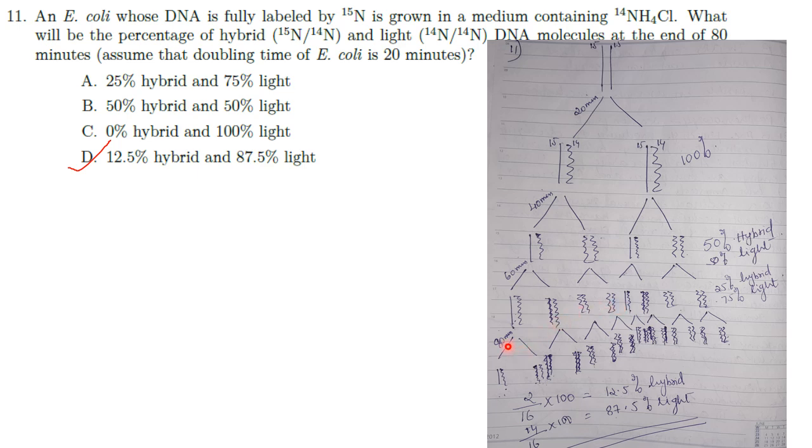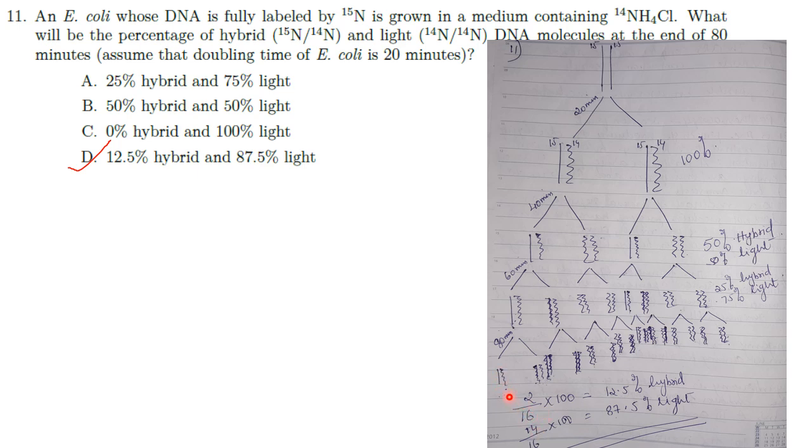strands, DNA. And after 80 minutes you will get two hybrid bands, one is over here and the other is over here. My drawing is a little bit difficult to understand, that's why I have given percentages over here. You can redraw in your book on a fair paper and you will understand it better. So 2 out of 16 into 100, that is after 80 minutes, 2 will be hybrids.